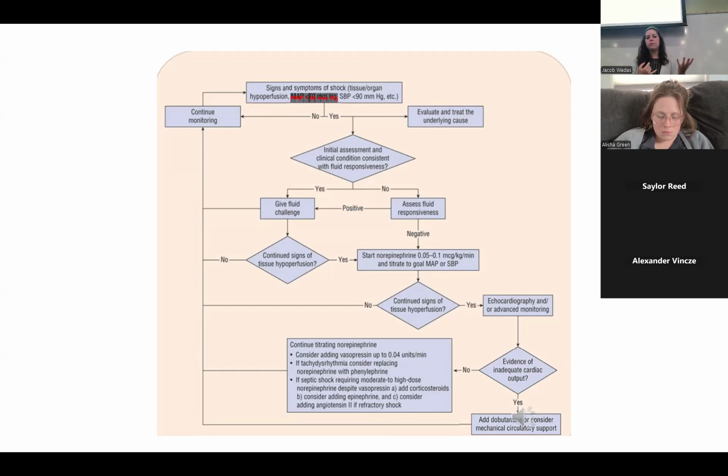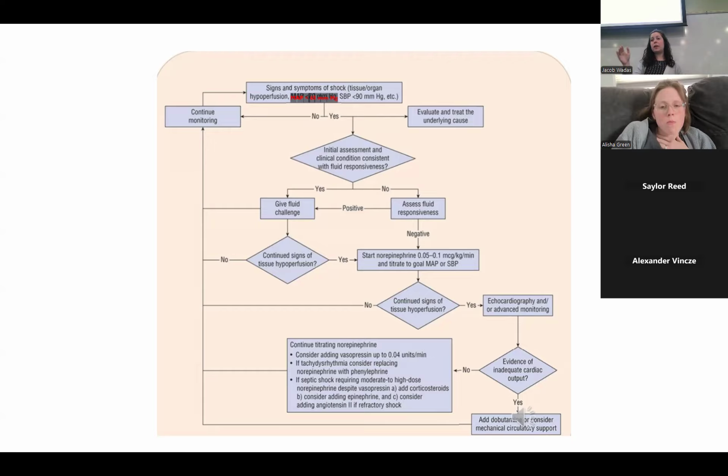But usually we can give a fluid challenge, they call it. Either they're not responding to it and we don't see their blood pressure going back up to where it needs to be, or they respond to it and that's great. That's what we're doing initially before we even consider a vasopressor.